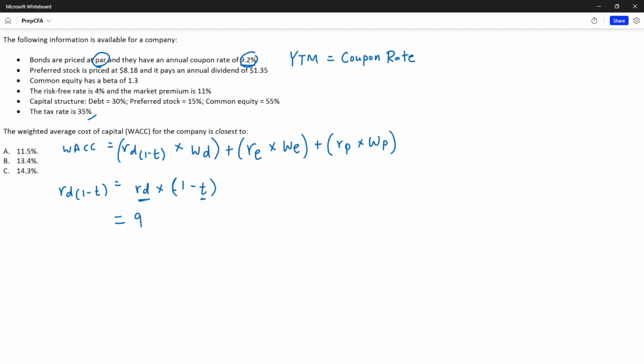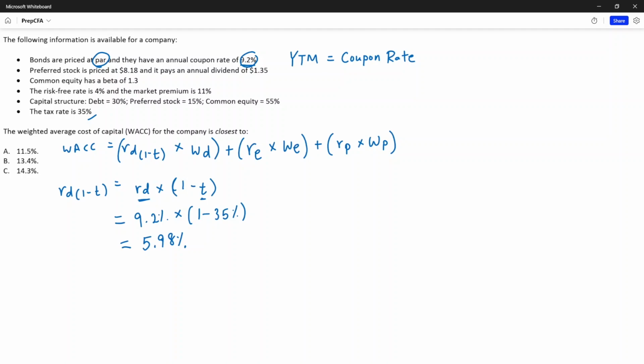So here we can simply use 9.2% times 1 minus 35%. This should give us 5.98% as our after-tax cost of debt.